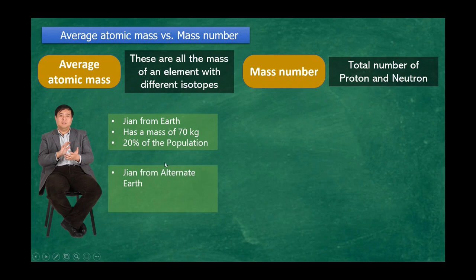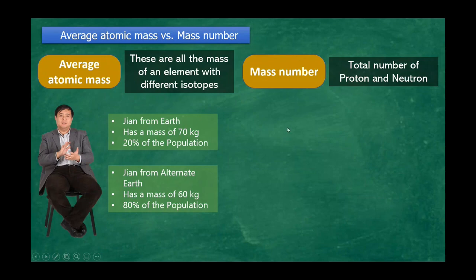And then another Gian from the alternate Earth has a mass of 60 kilograms and occupies 80% of the population. Now, let's multiply it and determine the average atomic mass. So this one is the mass number and then the mass number.